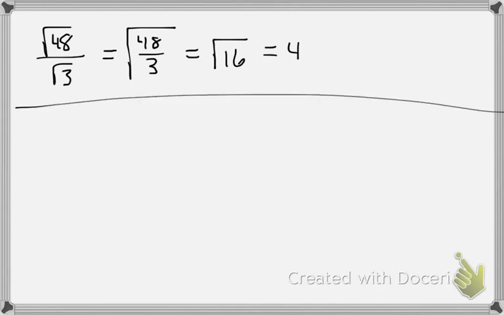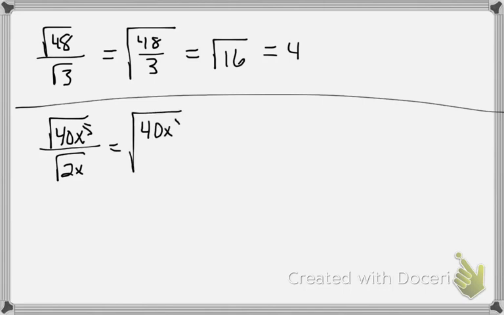Similarly, what if I had square root of 40x to the 5th over square root of 2x? Well, none of those are nice perfect squares, right? So let's just write it as square root of 40x to the 5th over 2x. Because doesn't it divide cleanly?